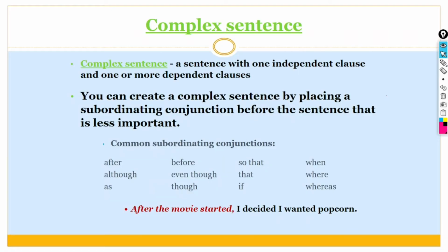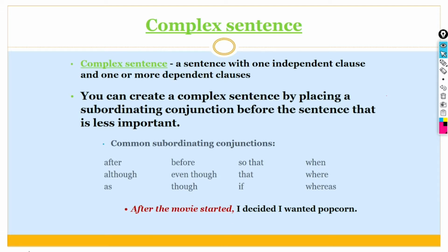A complex sentence has an independent clause and one or more dependent clauses. You can create a complex sentence by placing a subordinate conjunction before the clause that is less important.